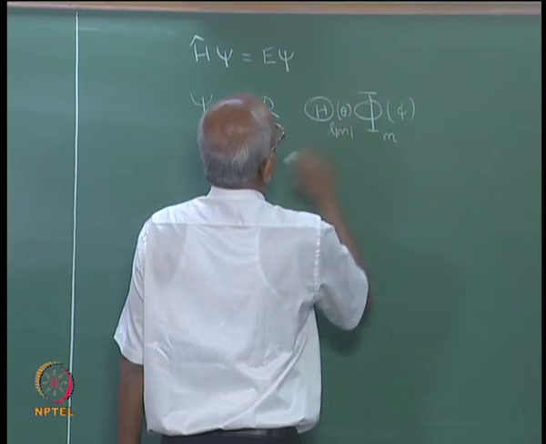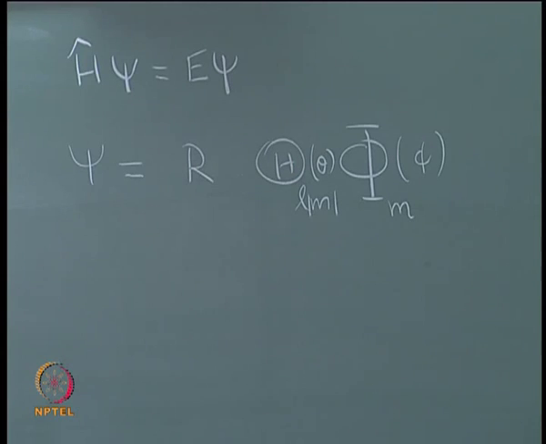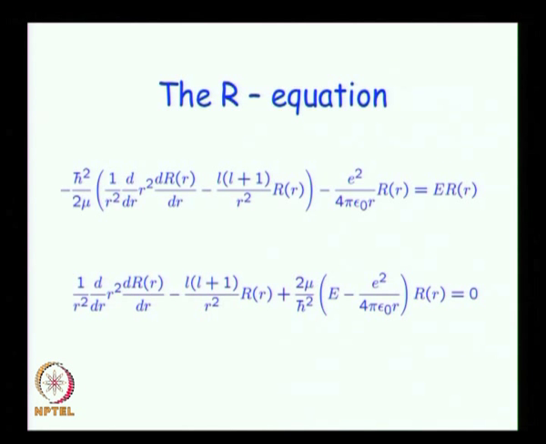It is a function of small theta, and then today we found the solution for capital R. Capital R has an equation which, for example, is shown here, right, and you find that the equation contains L, it also contains the energy, but energy is dependent upon the principal quantum number n.